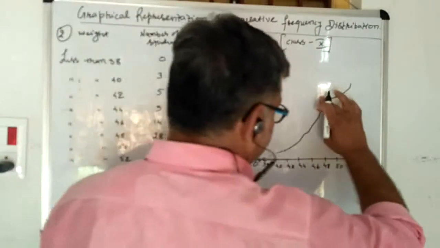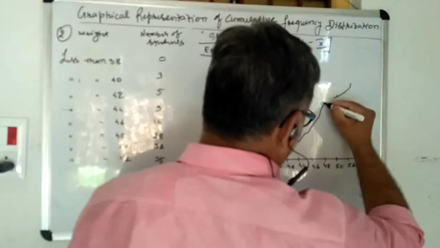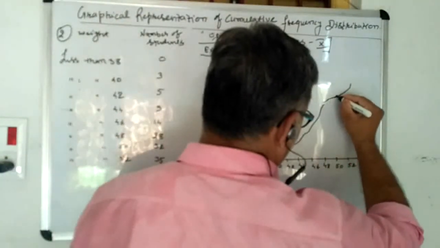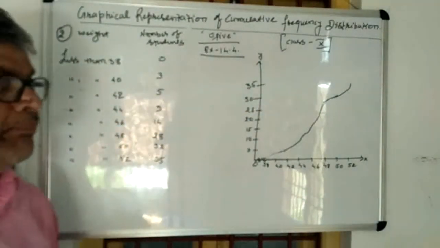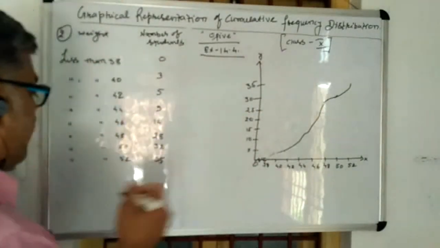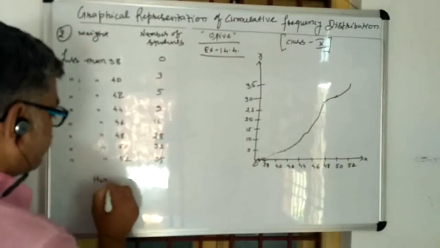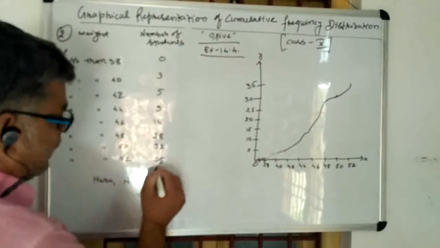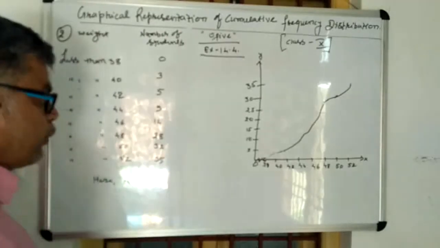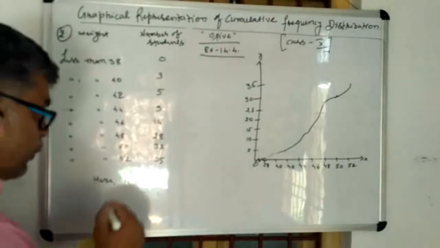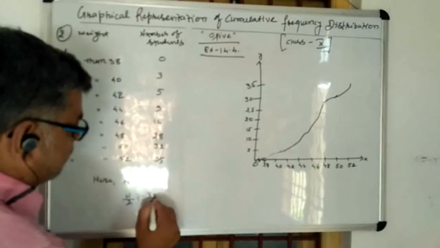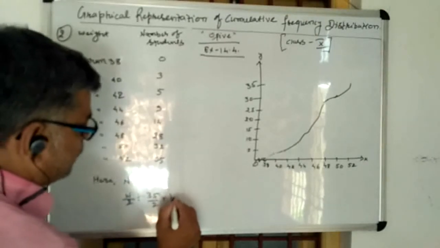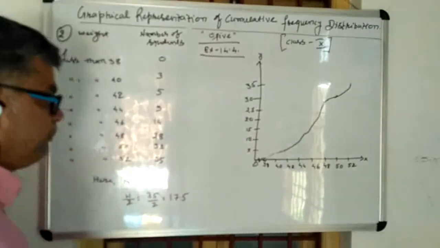Now there is another thing you need to do in this question: you have to find the median. Here n equals 35, which is the last cumulative frequency. Now calculate n by 2. n by 2 is 35 by 2, which equals 17.5.